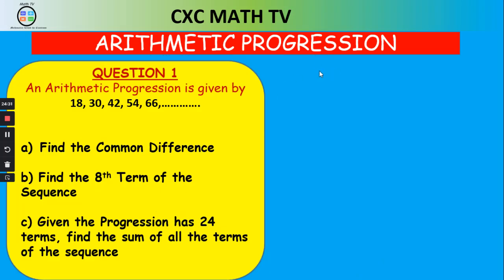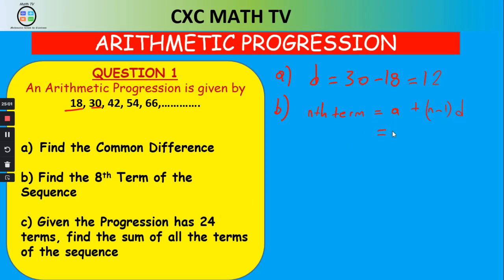So let's go ahead and do it. Part A, the common difference is the nth term minus the n minus 1 term. So 30 minus 18, which is 12. Cool. Part B now, the 8th term. Remember the nth term formula: a plus n minus 1 times d.